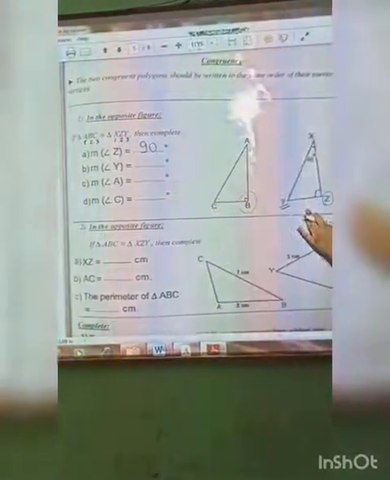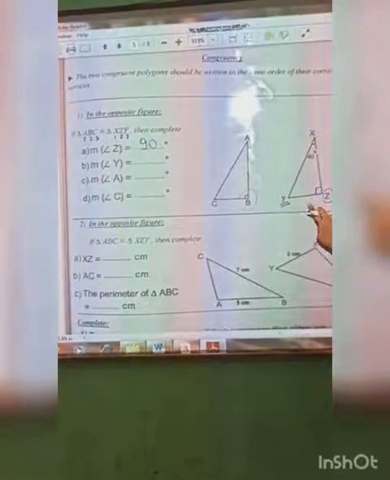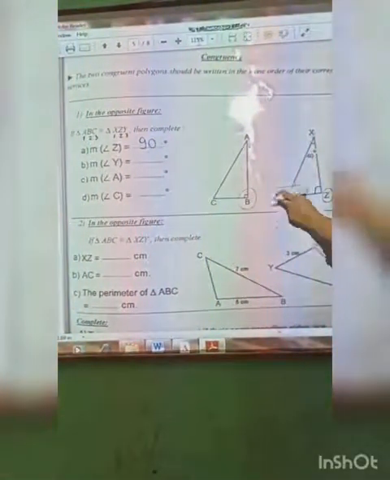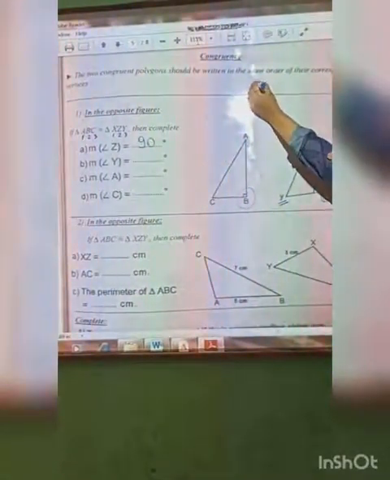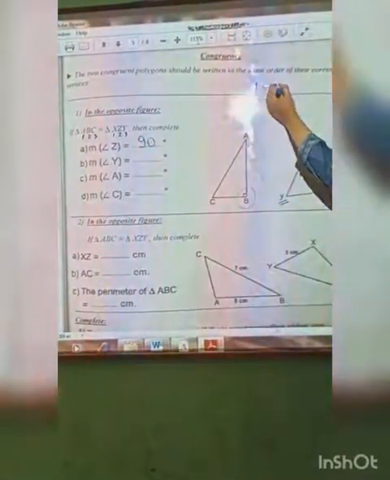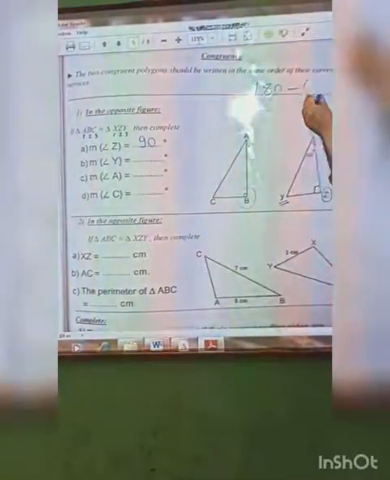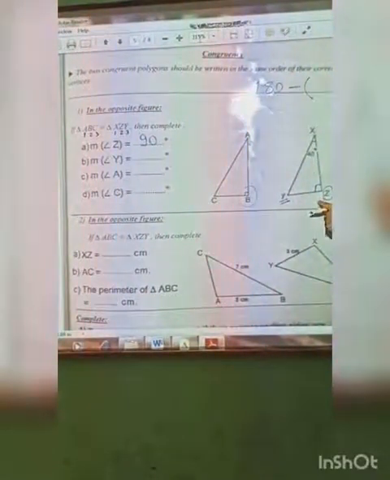We should remember that the sum of the angles of the triangle equals 180. So, if I want the third angle, I will take the sum of the angles minus 40 and 90.